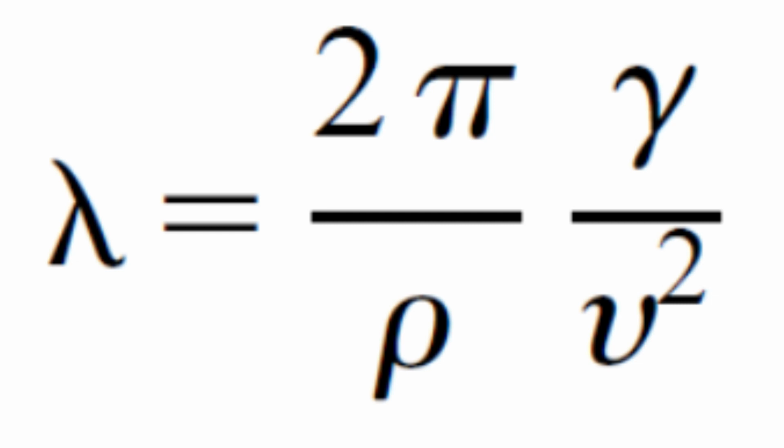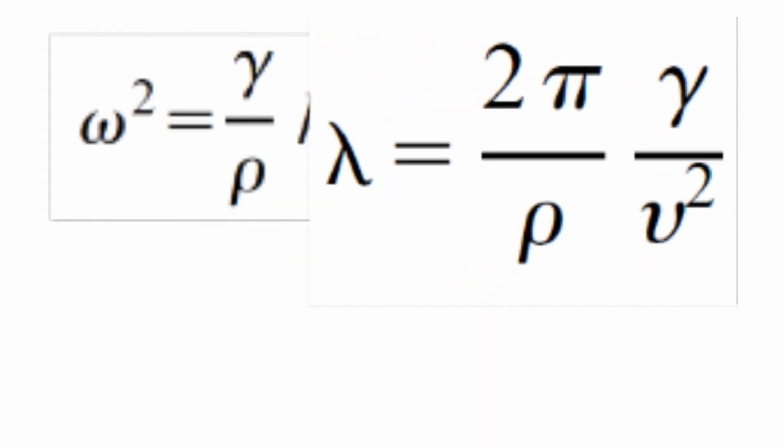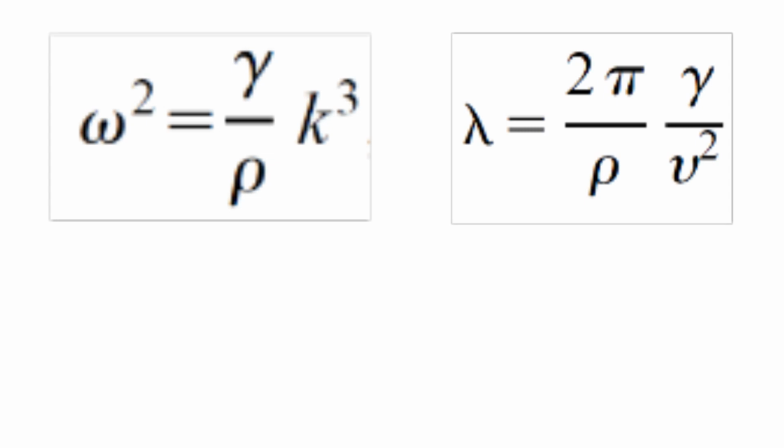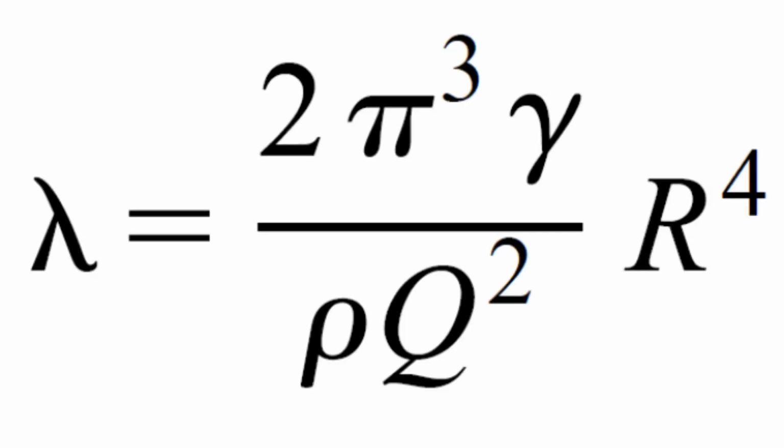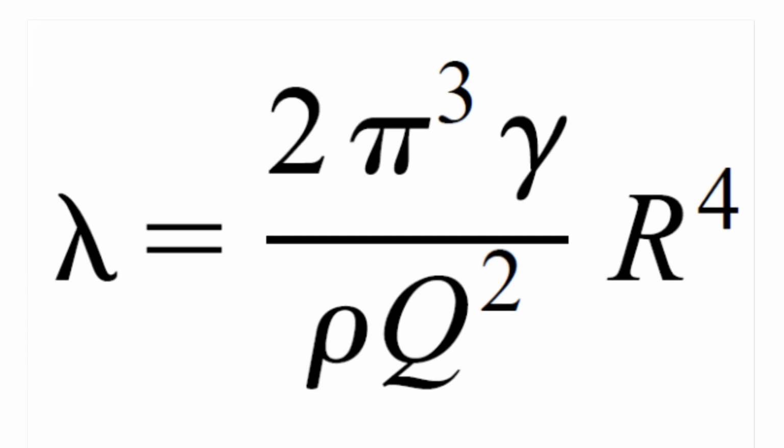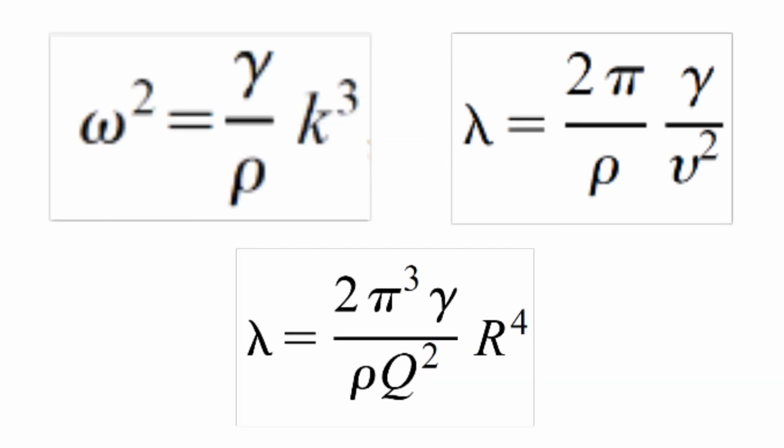We can represent the wavelength in terms of the velocity. Wavelength can also be written in terms of the flow rate q and the radius of the orifice r. As we know by Bernoulli's theorem, the velocity of the flow of water increases as we move down the jet. This explains why the wavelength of the capillary waves keeps getting smaller as we move the obstruction down and vice versa.